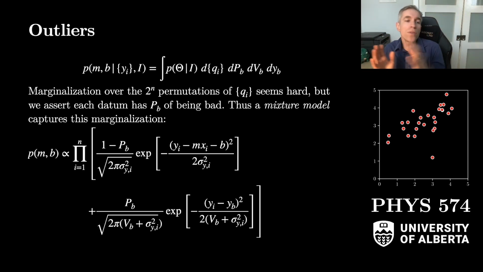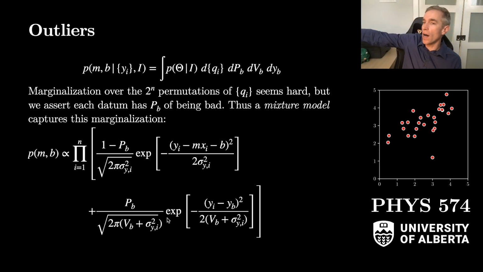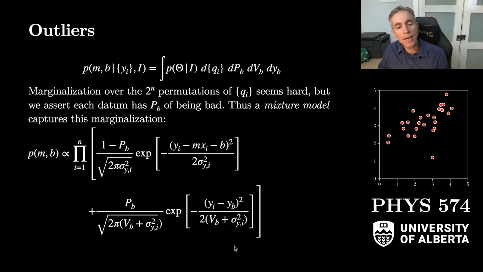If a point is near the locus of high probability for the good data set, this term is going to contribute a lot to the probability. But if it's way off in the bad corner of parameter space, then this other term is going to contribute. If you think about this in chi-squared space, there's a little valley with weight 1 minus P_B, and if the data are in that valley, they contribute heavily to the probability.